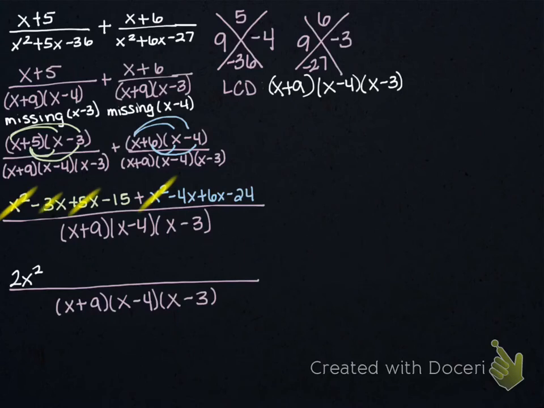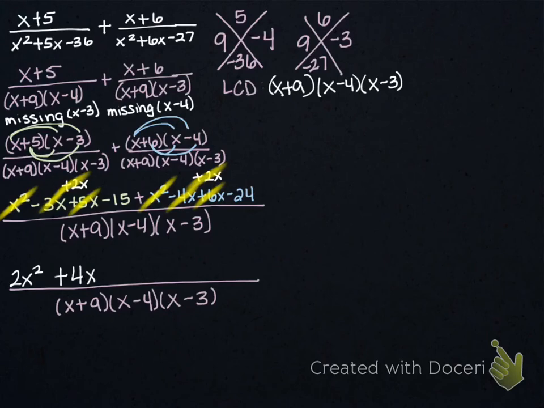Those would combine to give me a positive 2x. Over here I have a negative 4x and a positive 6x, and those would combine to give me a positive 2x. Okay, so those two simplified will combine to give me a positive 4x down here.